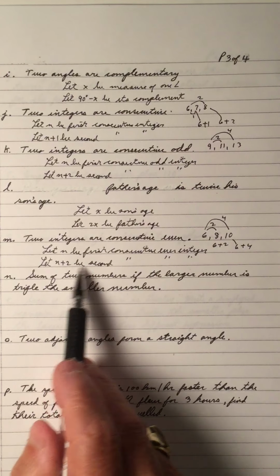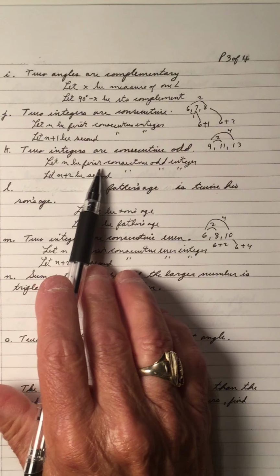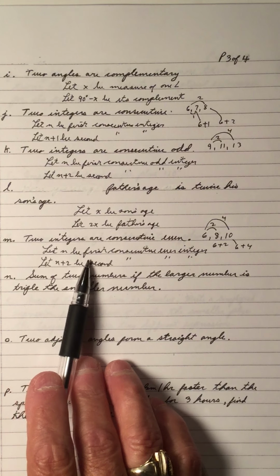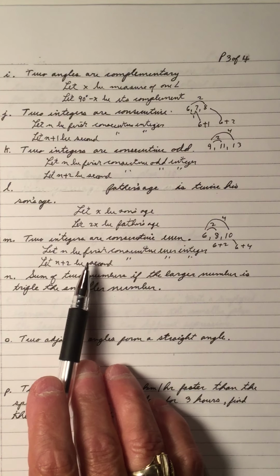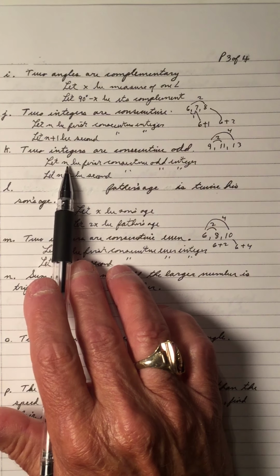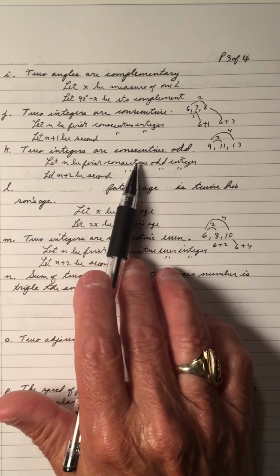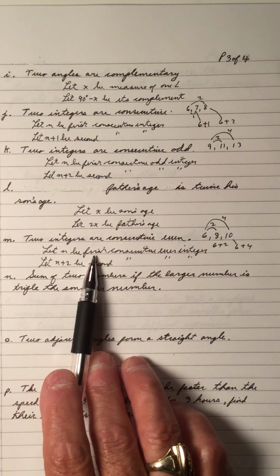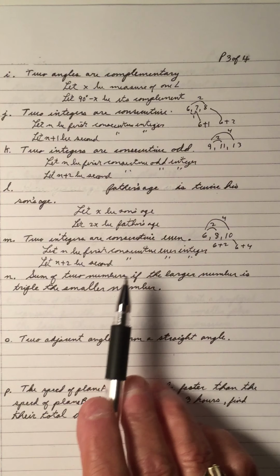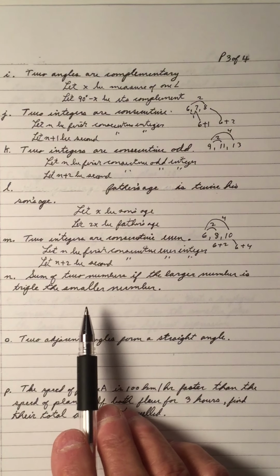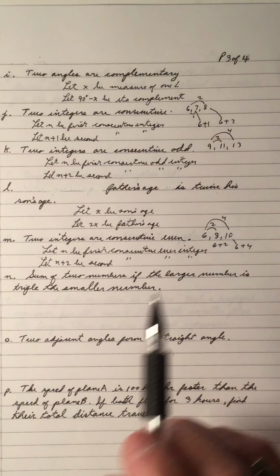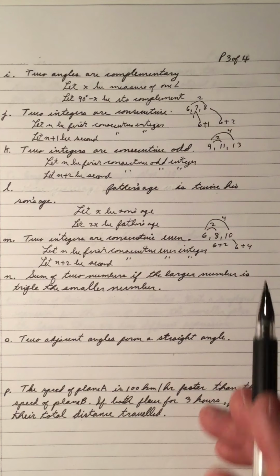Notice again, the patterns for consecutive odd and consecutive even are the same, except that here n is the first consecutive odd, and here n is the first consecutive even. So if you start with an even and go to the next even, you add 2. If you start with an odd and go to the next odd, you add 2.